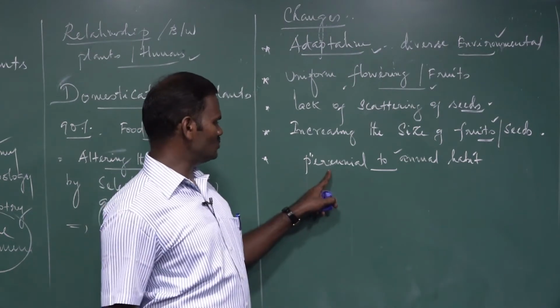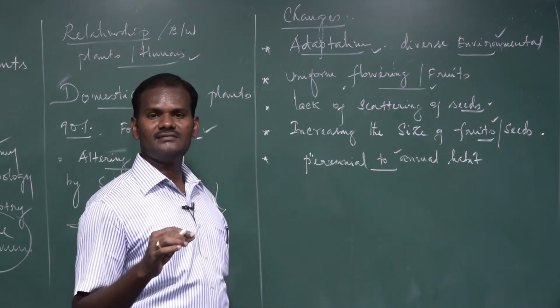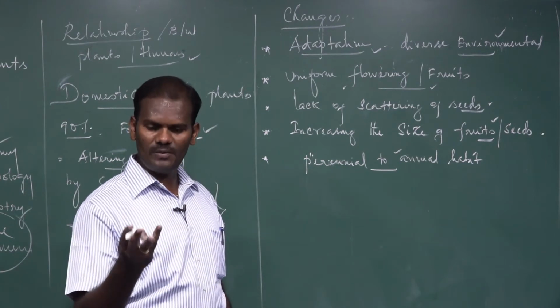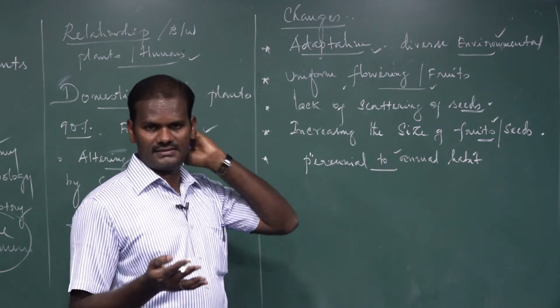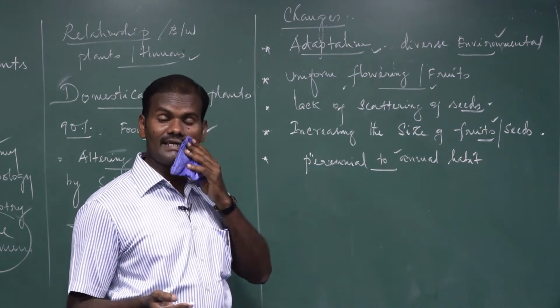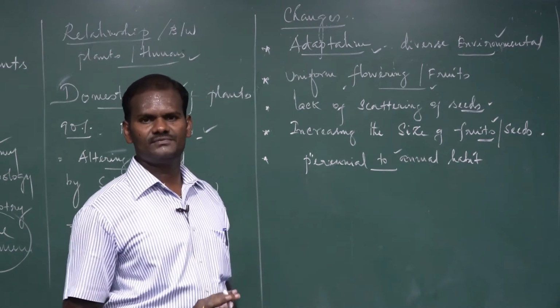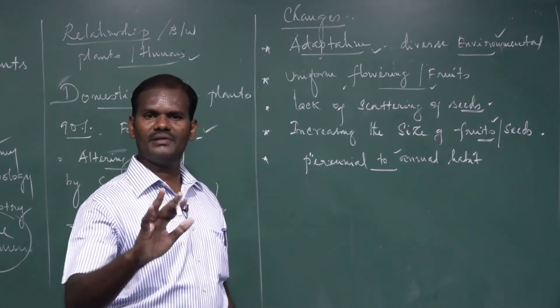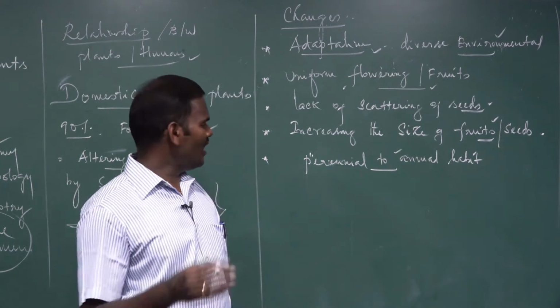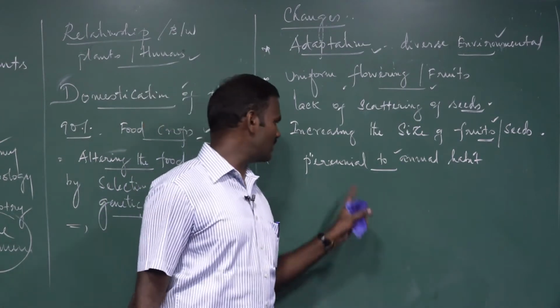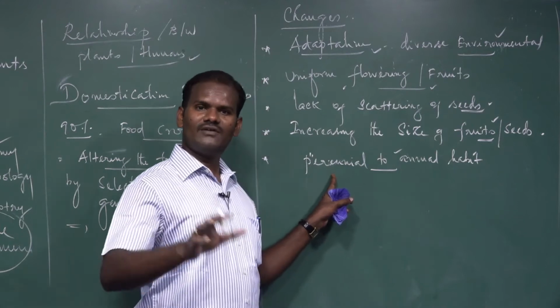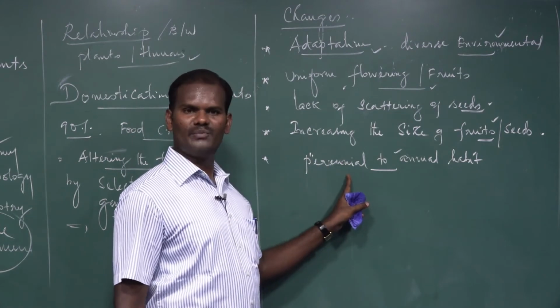Based on their lifespans, plants are classified into 4 types: ephemerals, annuals, biennials, then perennials. Ephemerals complete the life cycle within a week, especially during the rainy season. Annuals complete the life cycle within a year. Biennials take 2 years, perennials live for many years. Most of the wild plants are perennials, living for many years.